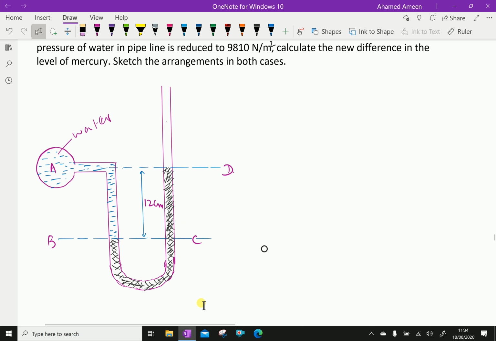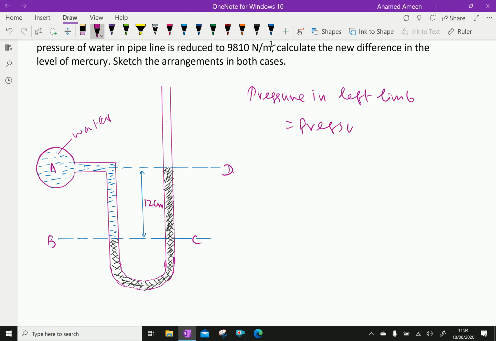The right side is open to atmosphere, therefore the pressure in the left limb is equal to the pressure in the right limb.